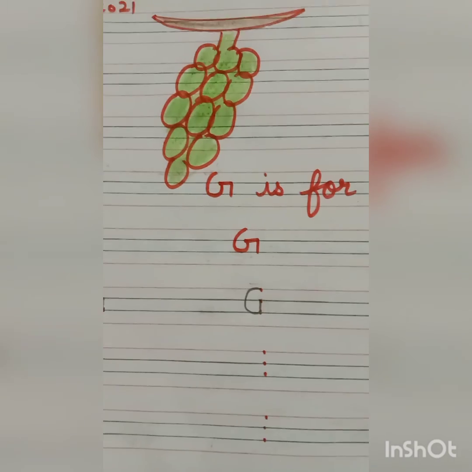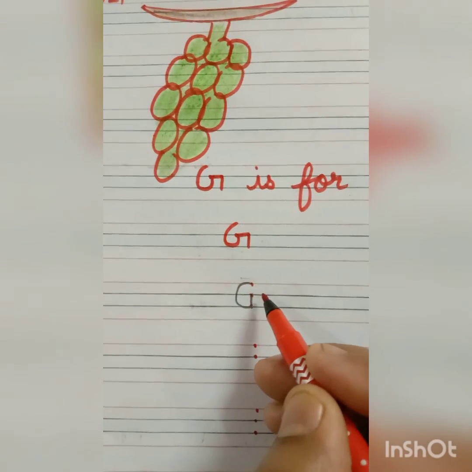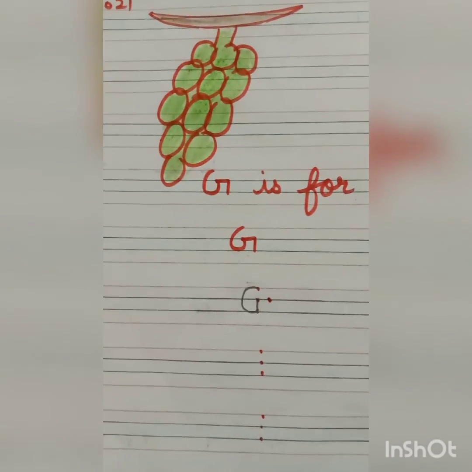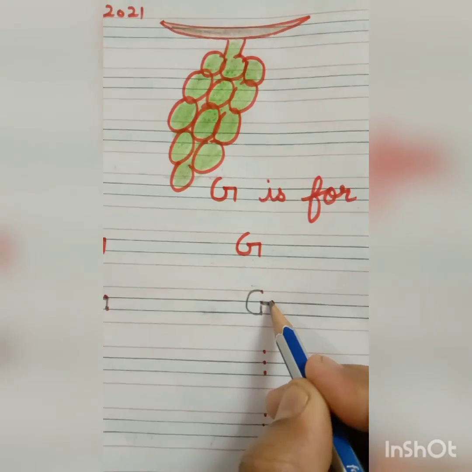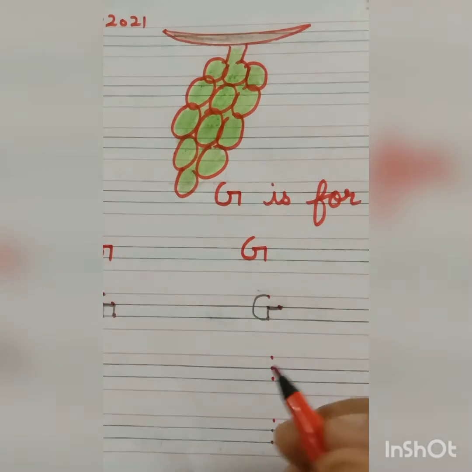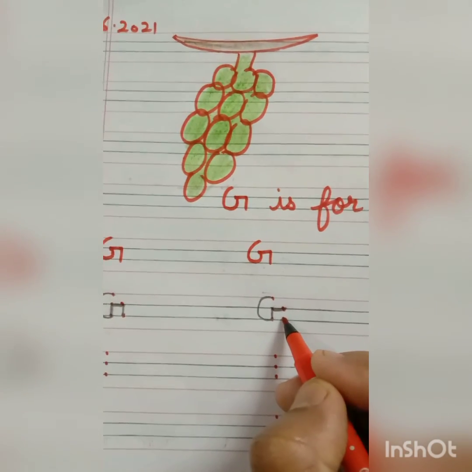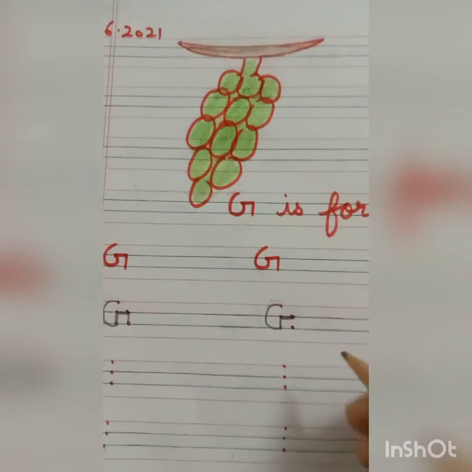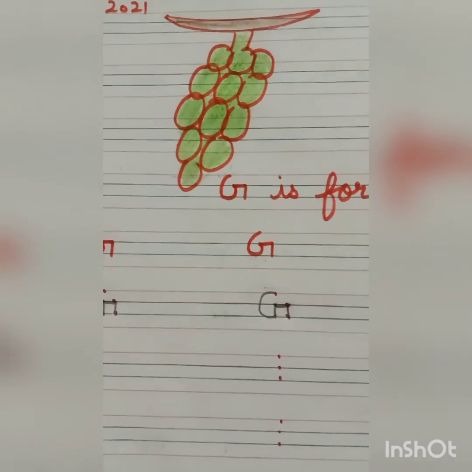Now put a dot in front of the center dot like this and join these dots like this. Now again put a small dot in front of the last dot, and join these dots, and in this way we will write G.